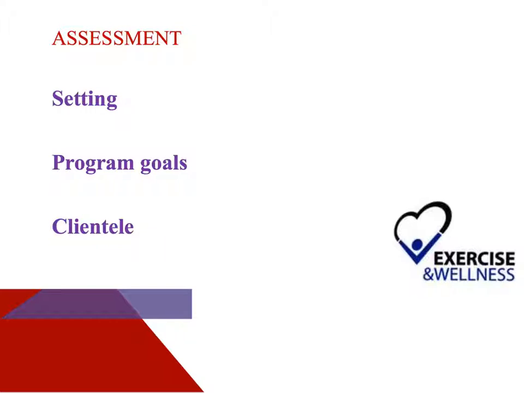So with the setting, we might be looking at clinical versus health and fitness. Obviously with the clinical setting, our goals might be a little more based on functionality and getting back to those activities of daily living following a cardiovascular event, possibly in cardiac rehab, or somebody with pulmonary disease or cancer. We will be looking at what can we do to improve their functionality and get them back to activities of daily living quicker.